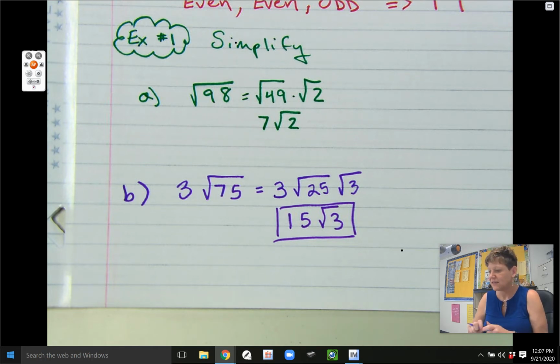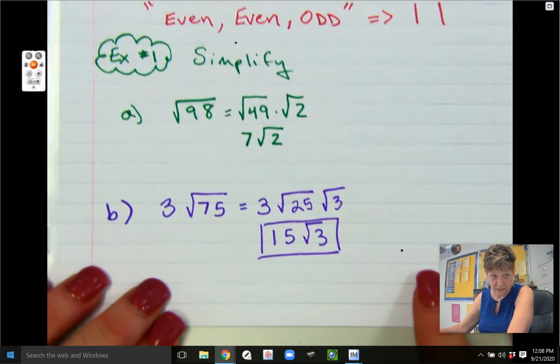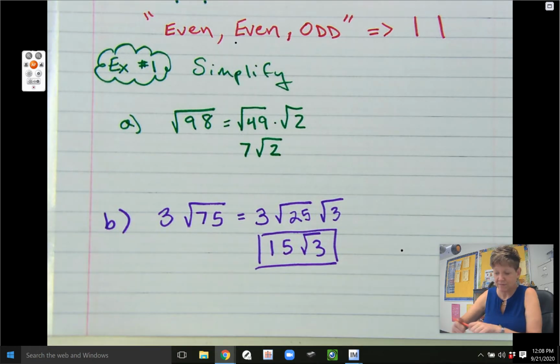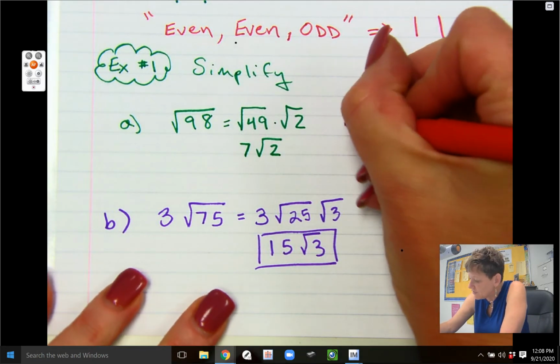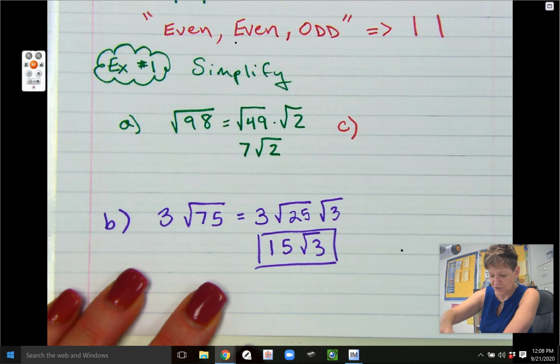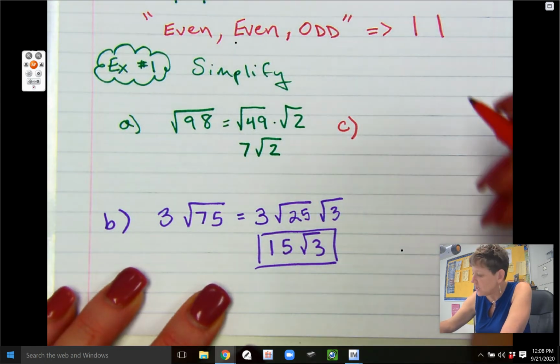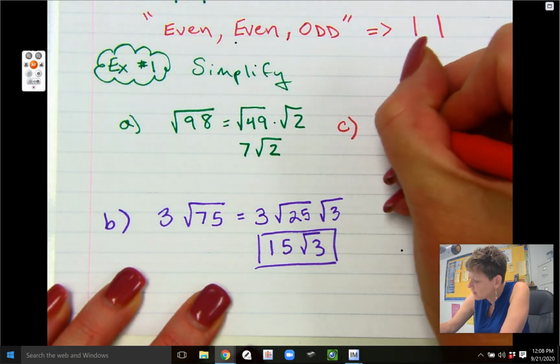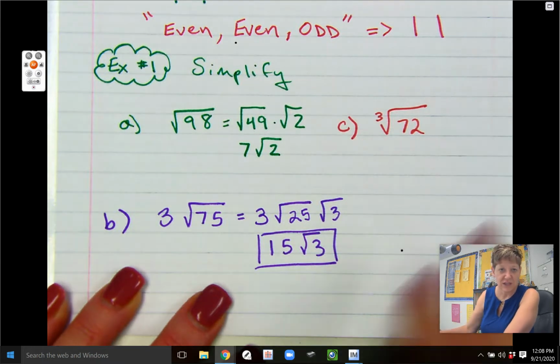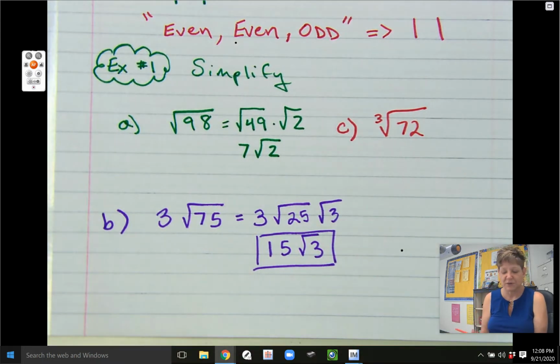All right. Let's go on to C. And for C, I'm going to do the cube root of 72. The cube root of 72. So now I'm not thinking in terms of perfect squares anymore. I'm thinking in terms of cubes.